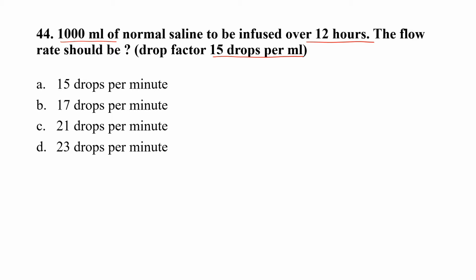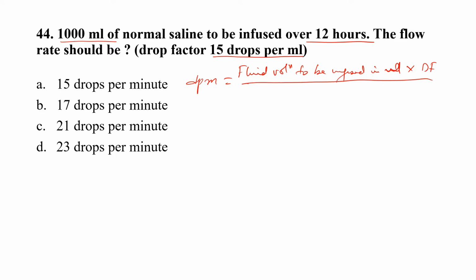Here we have the formula to calculate the drops per minute. Drops per minute is equal to the fluid volume to be infused in ml multiplied by the drop factor divided by time in minutes.